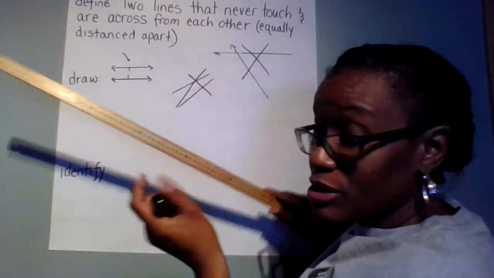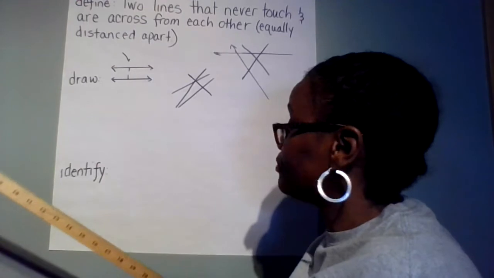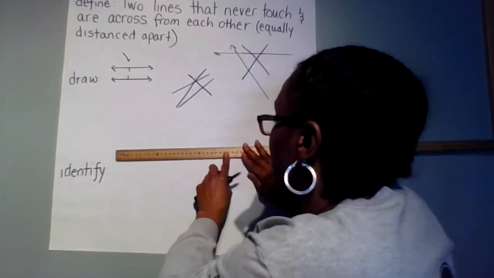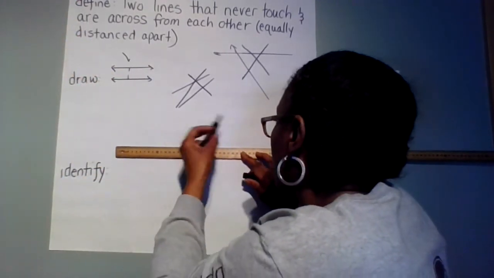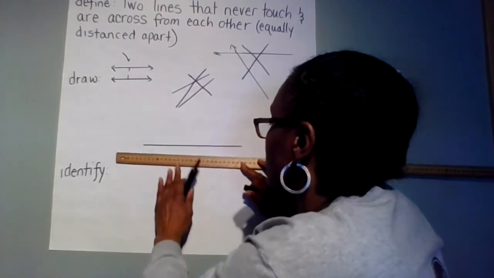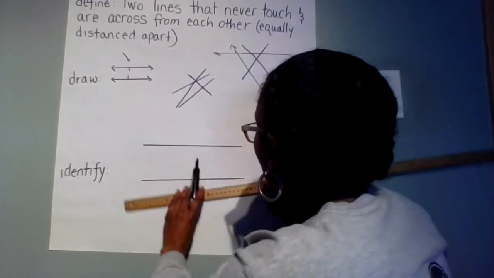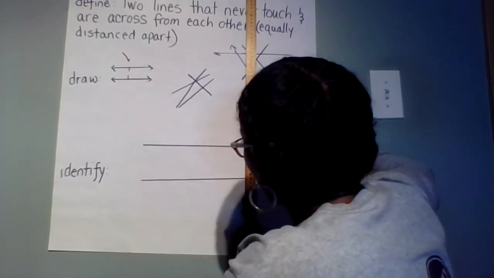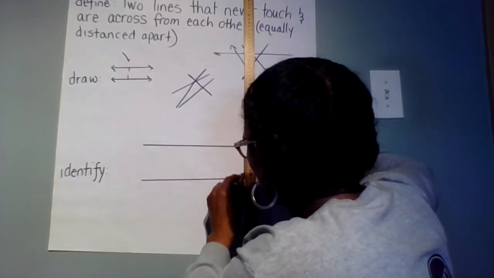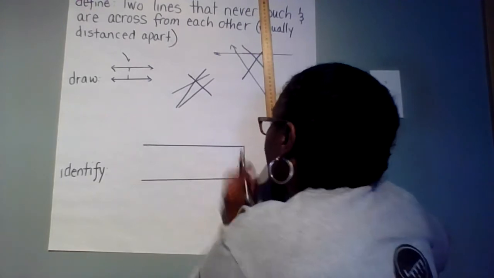So what I'm going to do is use my straight edge again, and I'm going to draw some lines. I'm going to connect.